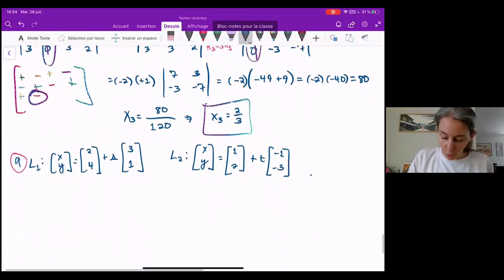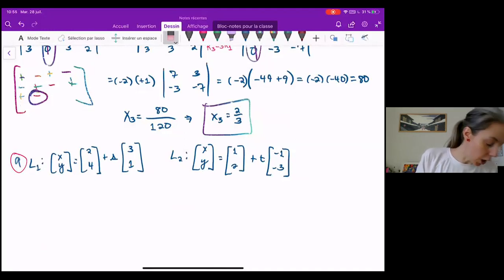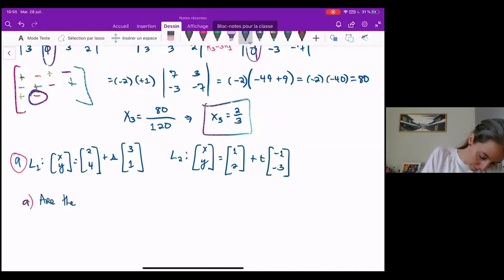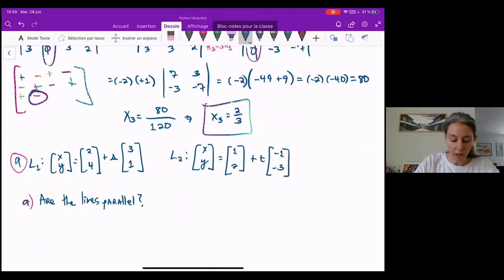Okay, so A here says, are the lines parallel? Well, to see if they're parallel, we just have to compare our direction vectors.